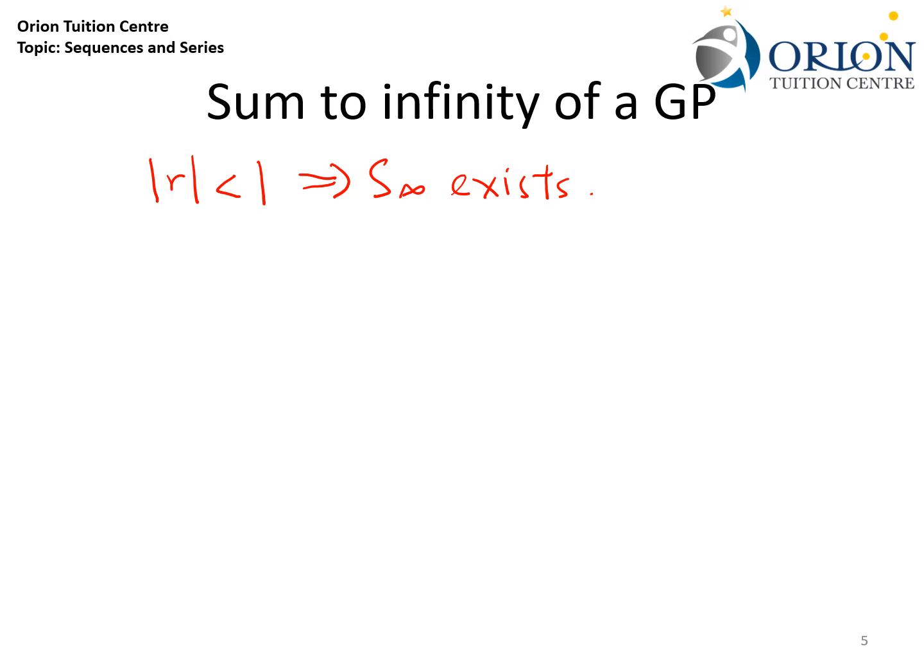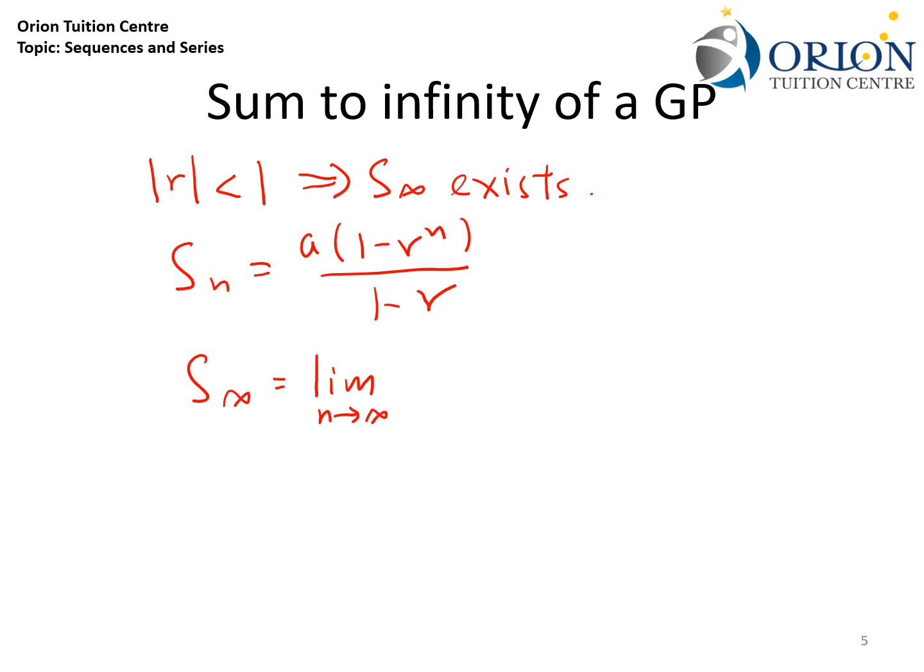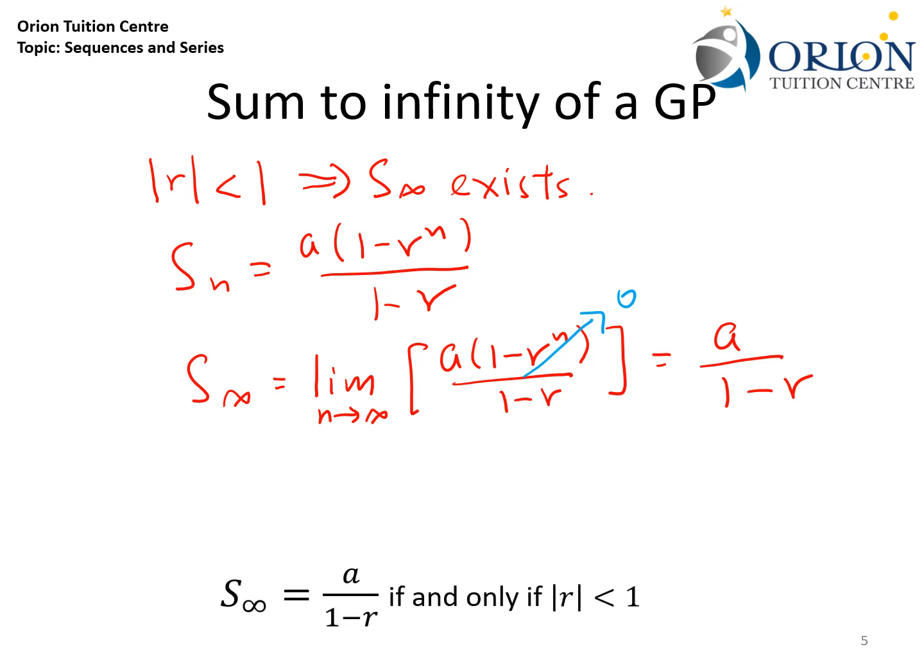From the definition of Sn, we let n go to infinity, such that S infinity equals the limit as n tends to infinity of Sn, or a times 1 minus r to the power of n over 1 minus r. The r to the power of n term will become 0, and therefore what we are left with is a over 1 minus r, and thus we have obtained the formula which is the sum to infinity for a GP.